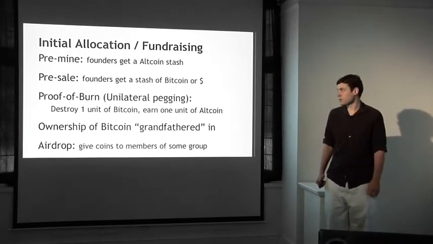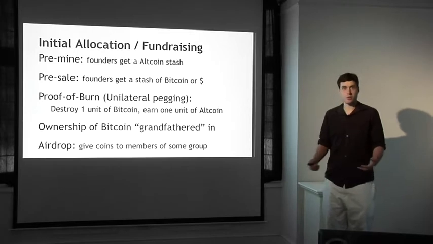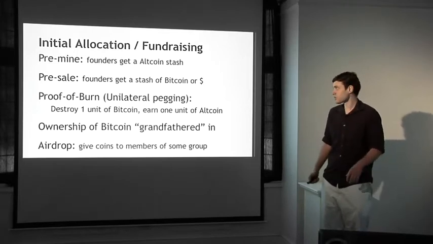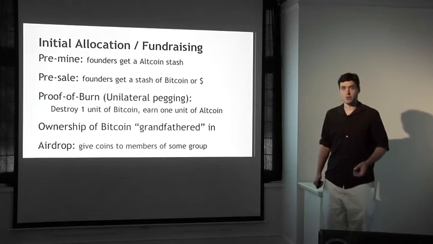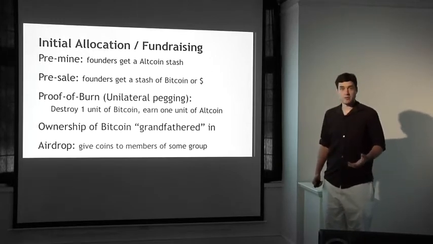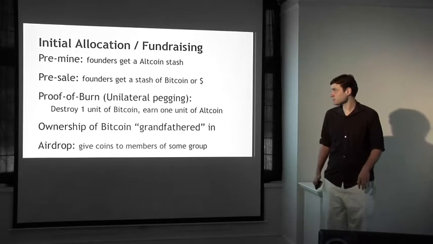This is where the founders, instead of taking these units of currency for themselves, sell them to individuals for some other currency like Bitcoin or dollars or any other. Now, the people who buy those currencies are the initial holders of them. On the other hand, the founders get this revenue of ordinary money or Bitcoins, which they can also use to, for example, pay developers to build the currency.